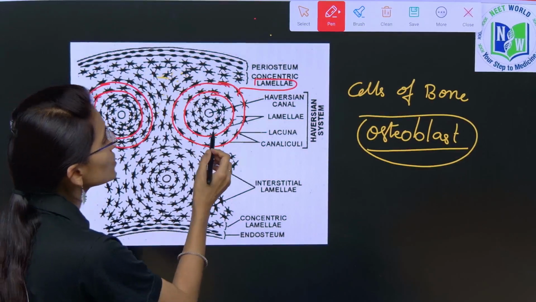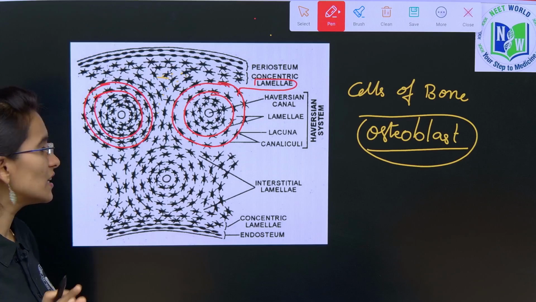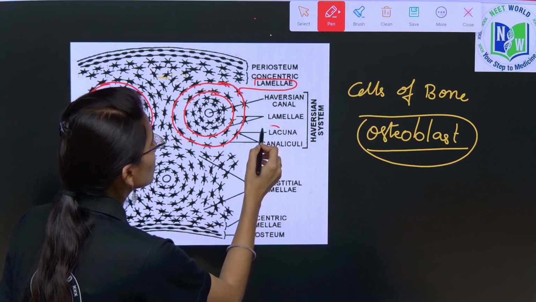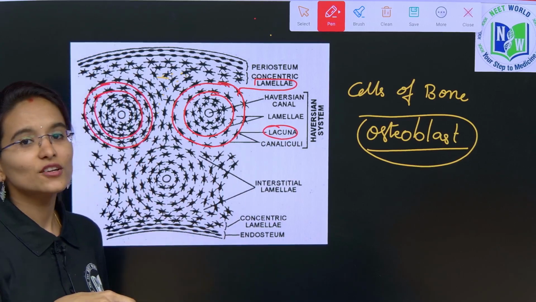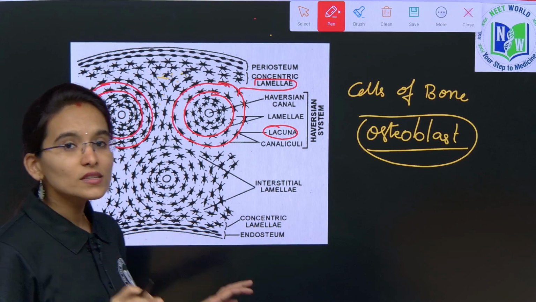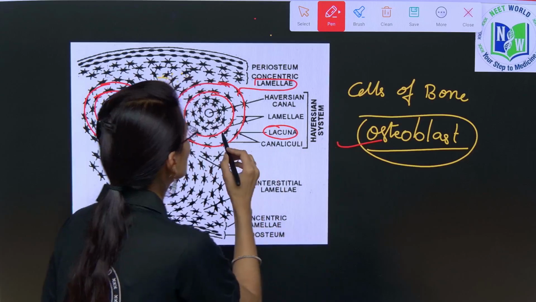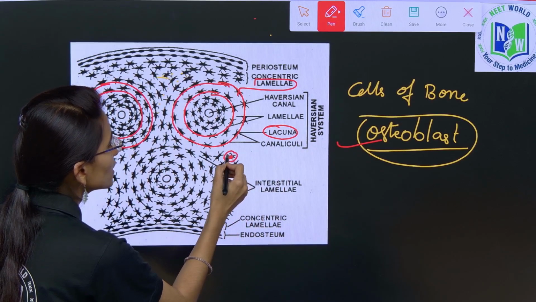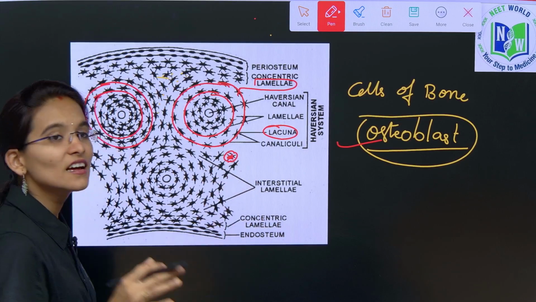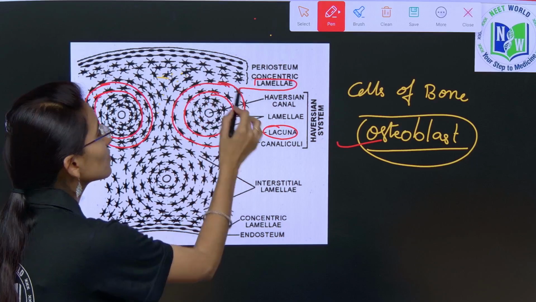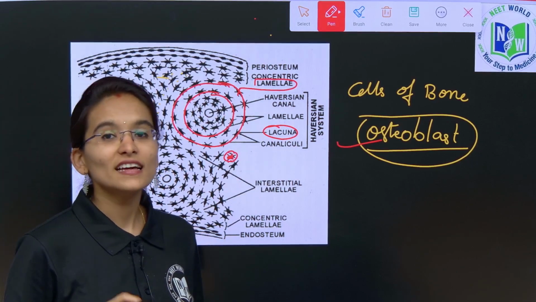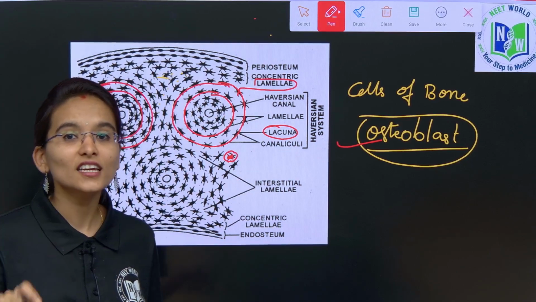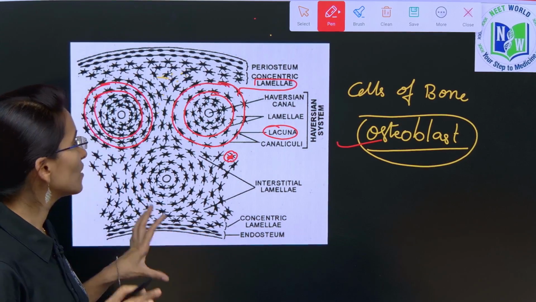Here we can also find the fluid filled spaces called lacunae. Inside these lacunae we find the bone cells called osteoblasts. These are the osteoblasts present in the fluid filled spaces called lacunae. And the matrix in the bone is called lamellae, which is arranged in concentric circles. Clear with the concept?